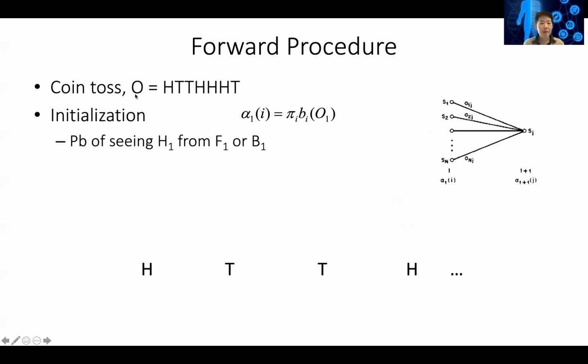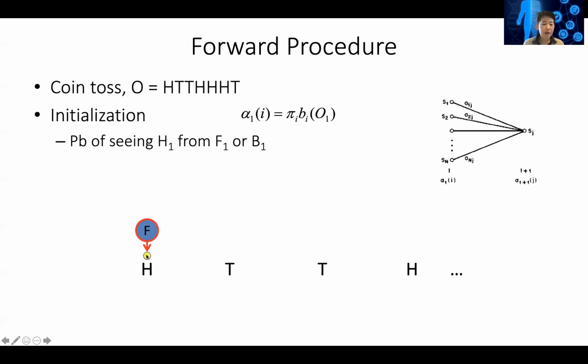Again, we have this particular coin flip, and we want to see, what is the likelihood this is going to happen. And so you initialize like this. We ask, what is the probability of seeing a head from the fair coin or biased coin? And so let's just calculate one at a time.